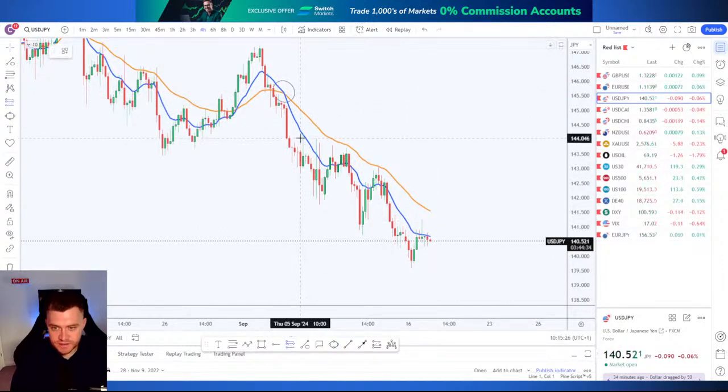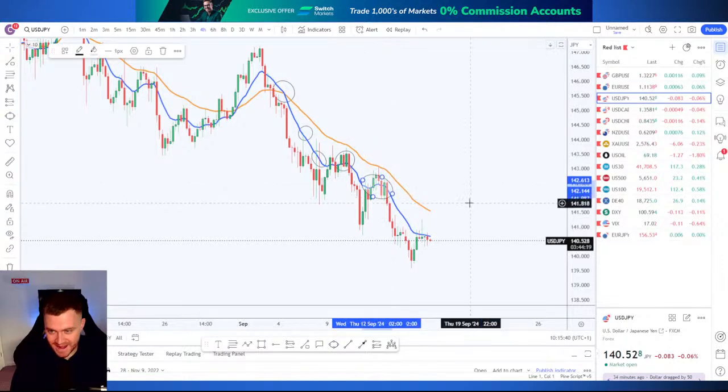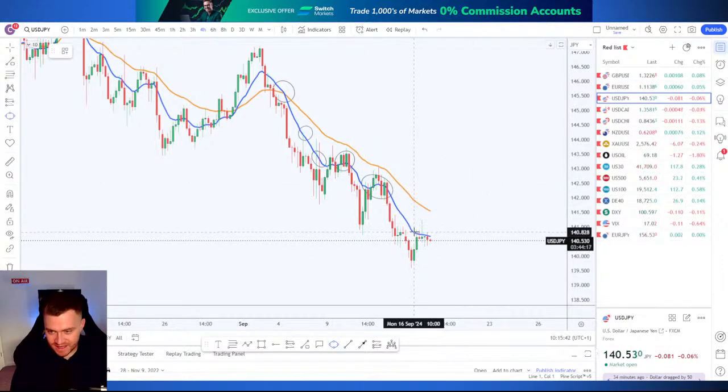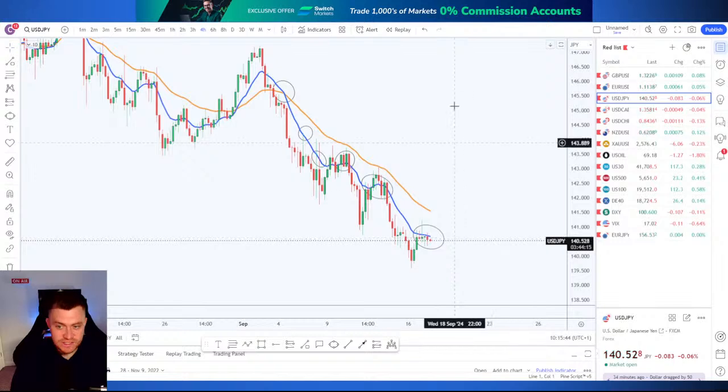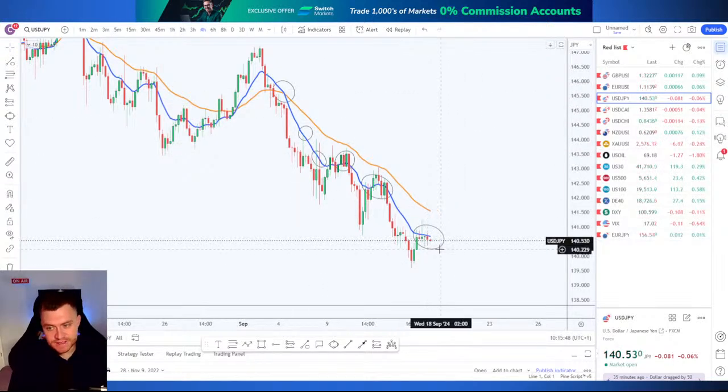You could have entered here, here, even here, or in any of those touches. Or if you wanted to carry on in the trade or have another entry signal, then you could have entered here as well.